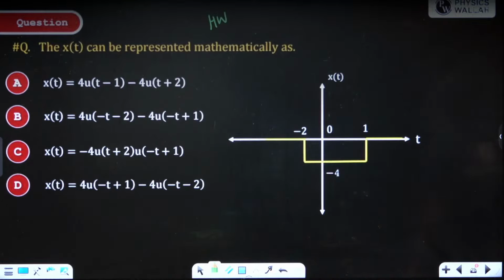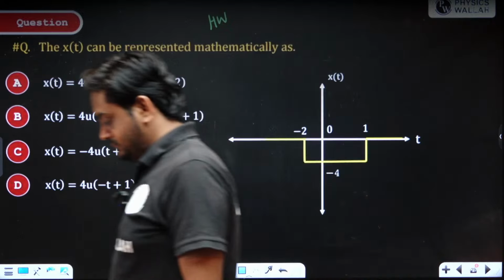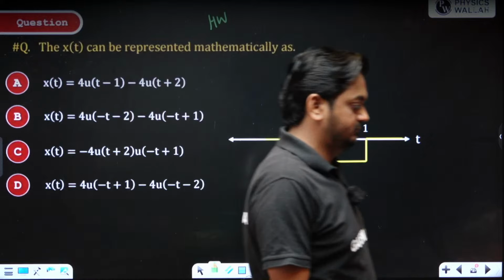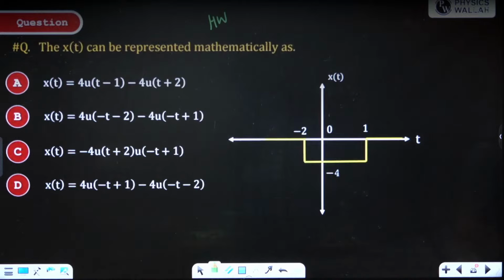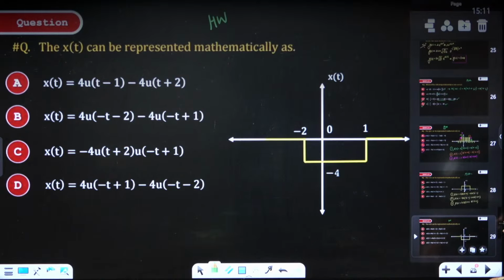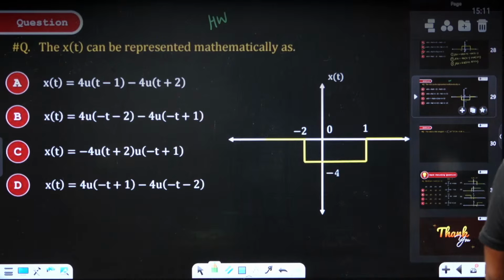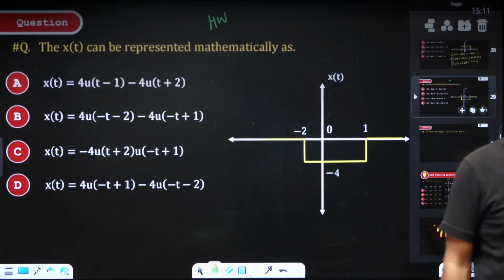Anyone got a correct answer? How many options are correct? Here, ABC again. How many options are true?